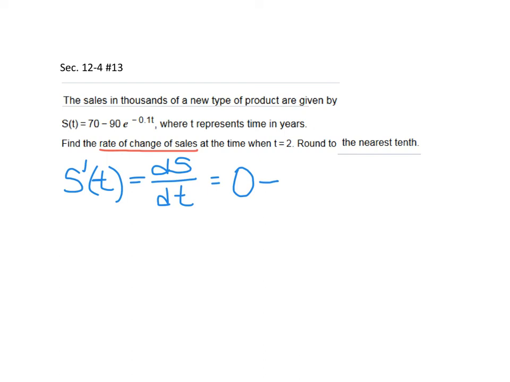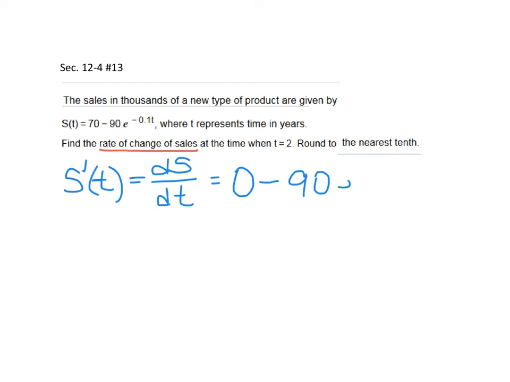The derivative of 90e raised to the negative 0.1 t power would be keeping the 90, because it's a coefficient and it's a hitchhiker.